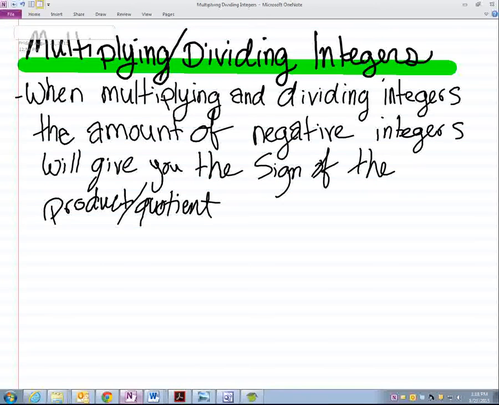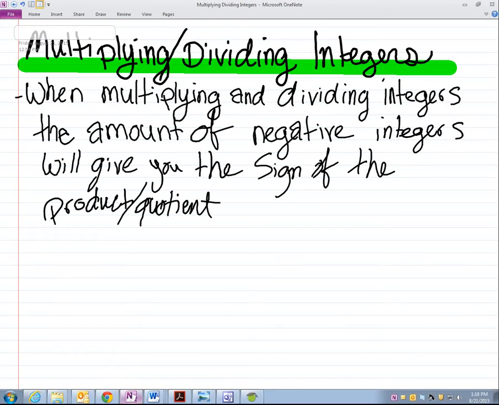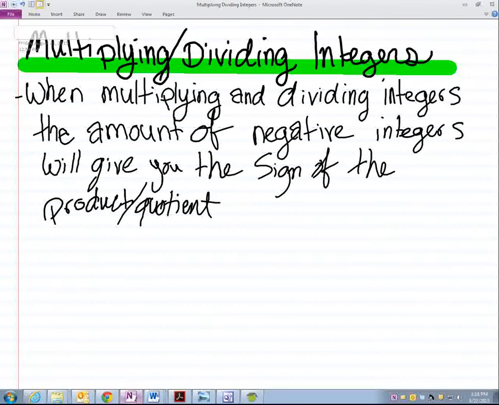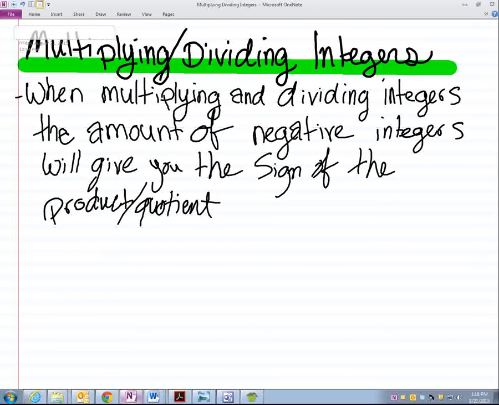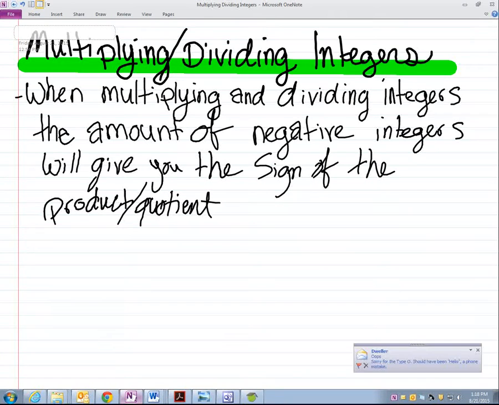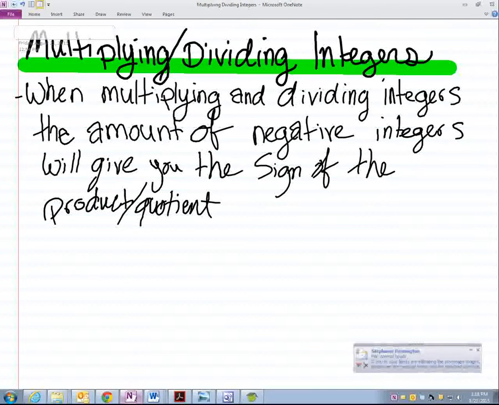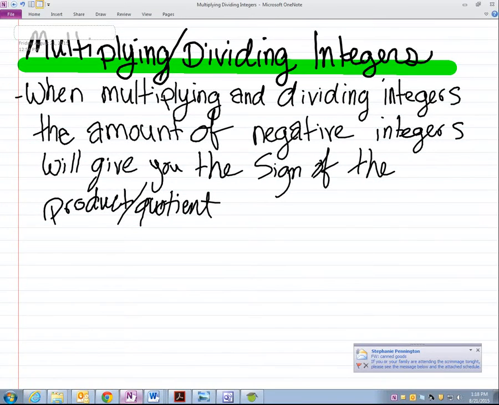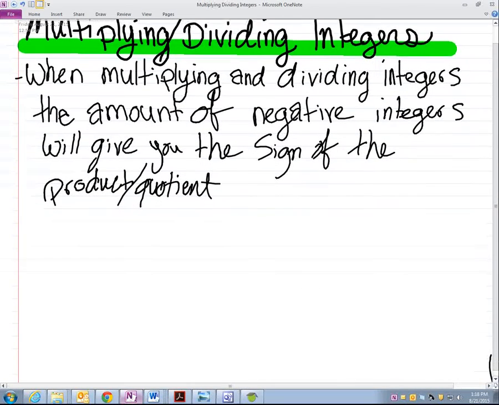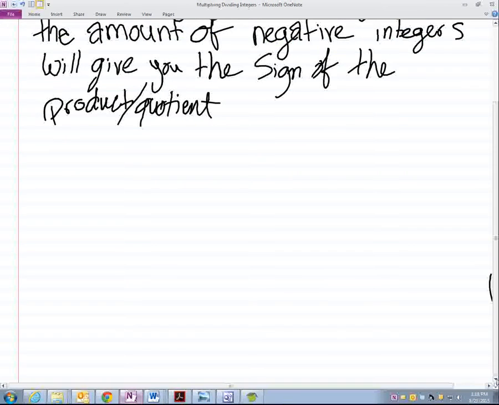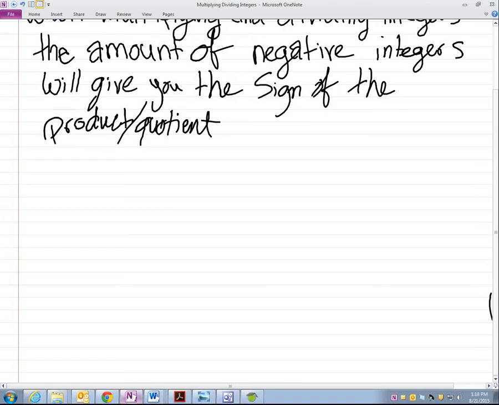When multiplying and dividing integers, the amount of negative integers and the sign of those will give you the sign of the product and quotient. You're going to tab in with a bullet.